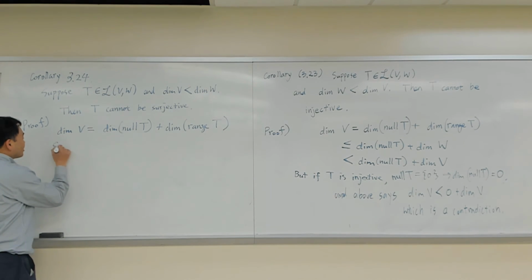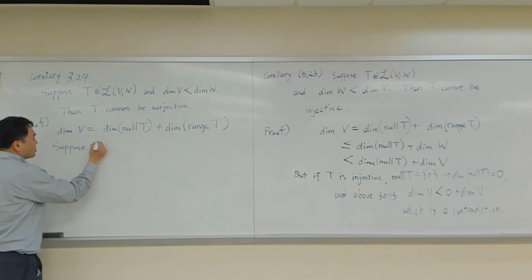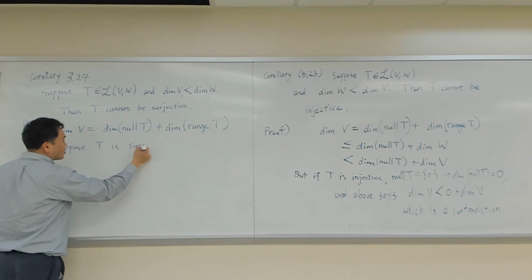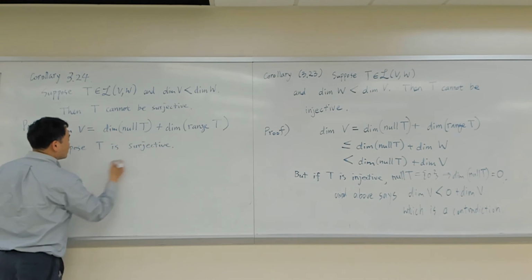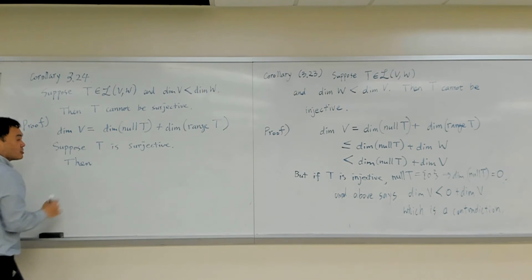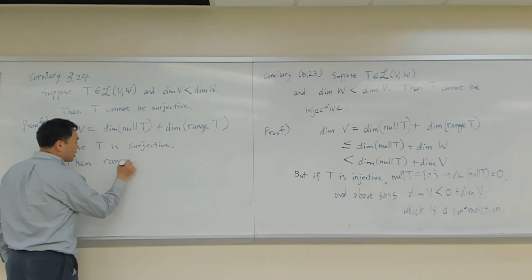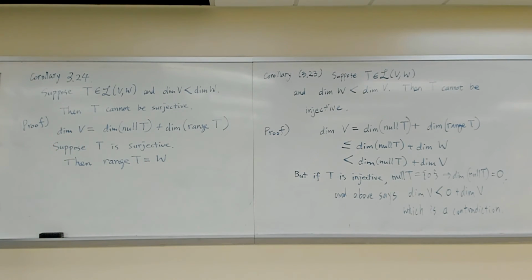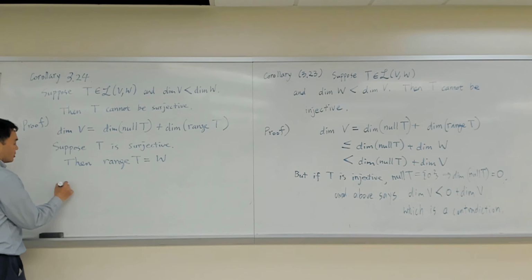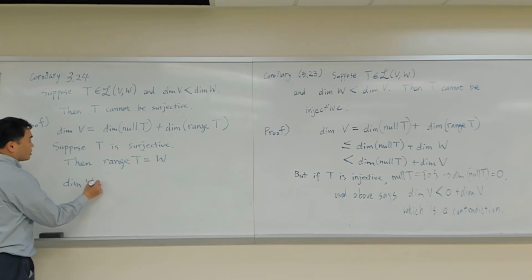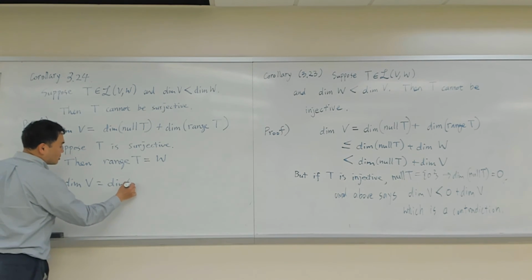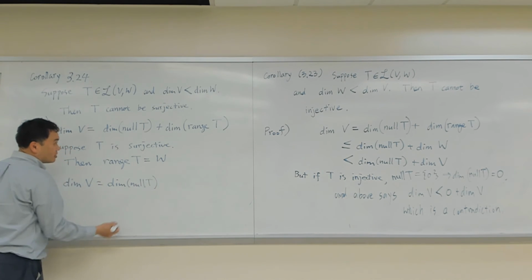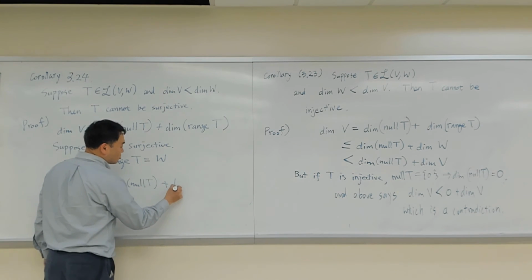So suppose T is surjective. Now, what do we know about surjective maps? If T is surjective, the range is equal to the entire space, right? And then we have the dimension of V equals the dimension of null of T plus the dimension of W.